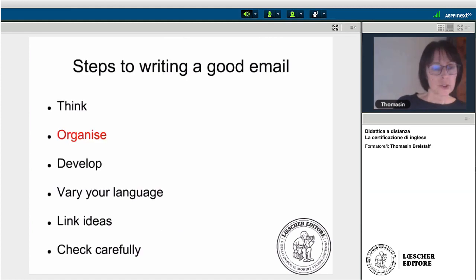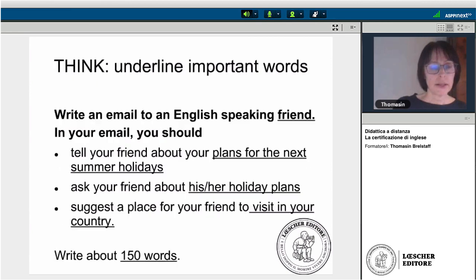Okay, let's just look again briefly at this slide here. Now, looking at this task again, let's say we're going to start off with about 10, maybe 15 words for a little opening paragraph. And we're probably going to use a few words as well for a closing paragraph, a salutation.